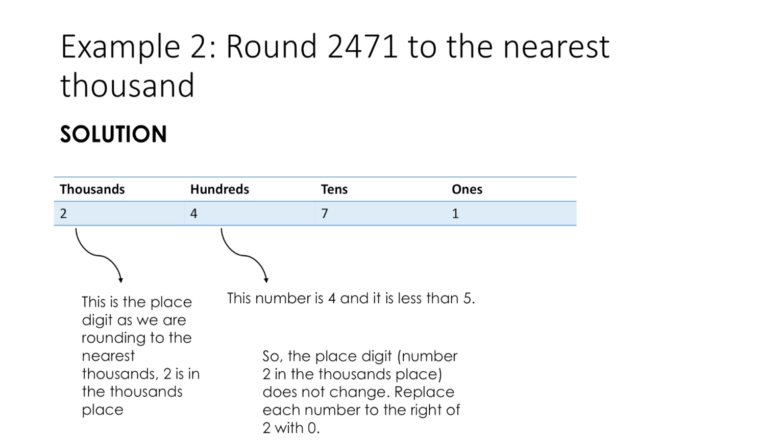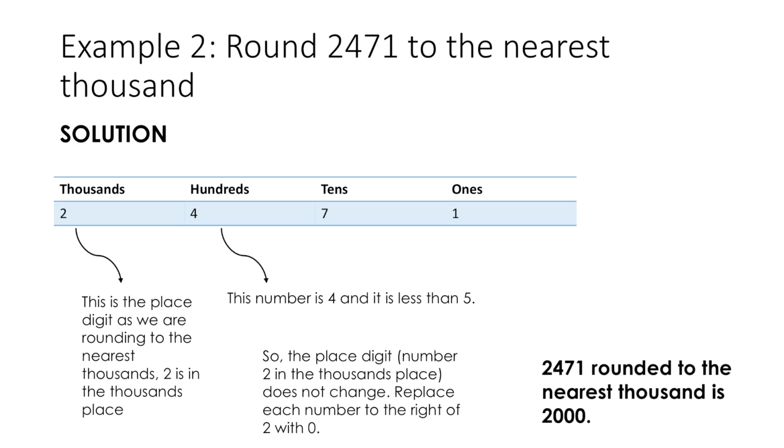So our place digit was 2 because we are rounding to the nearest thousand, and our right digit was 4, which is less than 5. So everything to the right changes to 0 and our place digit, 2, stays as is. So when we round 2,471 to the nearest thousand, our solution is 2,000.